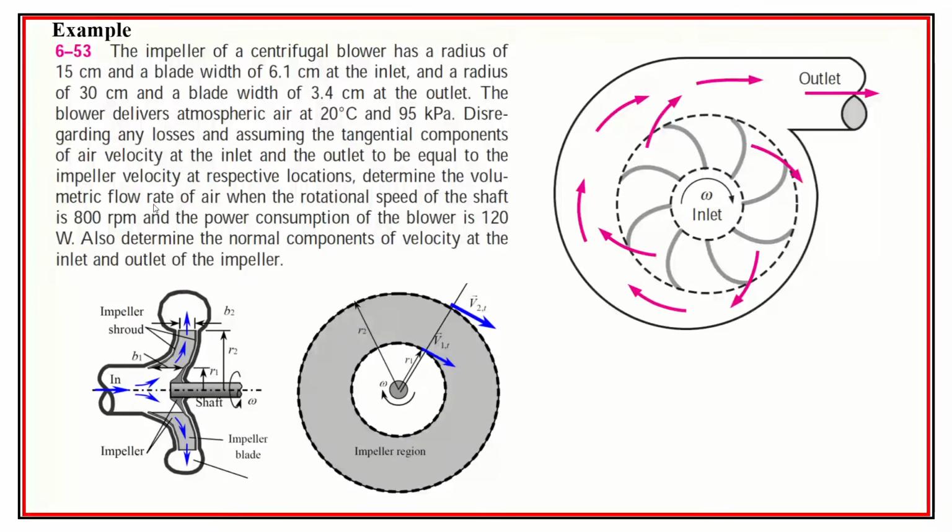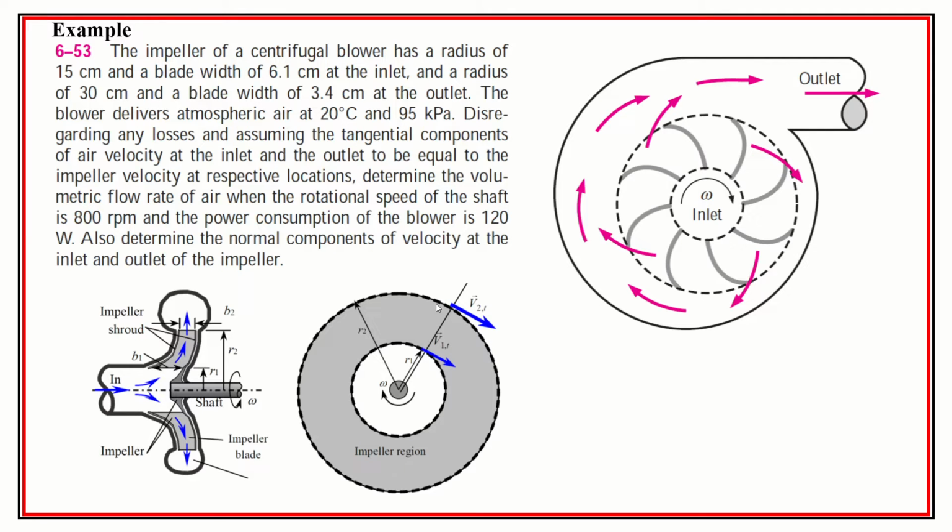Determine the volumetric flow rate of the air when the rotational speed of the shaft is 800 RPM and the power consumption is 120 watts. Also determine the normal components of the velocity at the inlet and the outlet of the impeller. So we're going to have a radial velocity in and out right there, which they're calling the normal components, but might call the radial components as well.